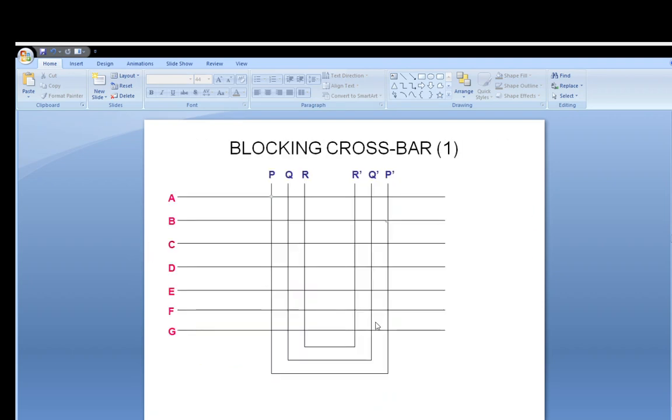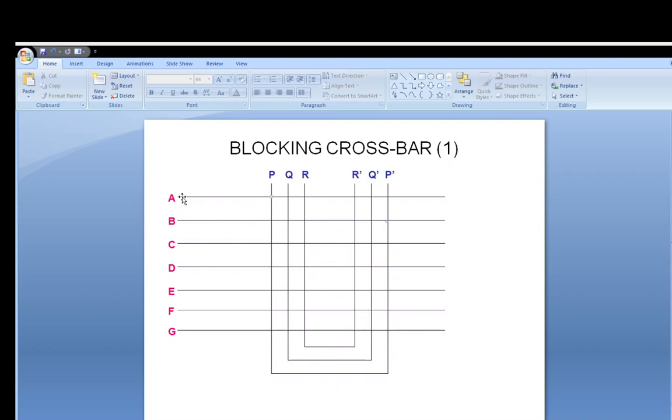Here A, B, C, D, E, F, G are the subscribers, and these are connecting crosspoints. Let's see how the connection is possible.